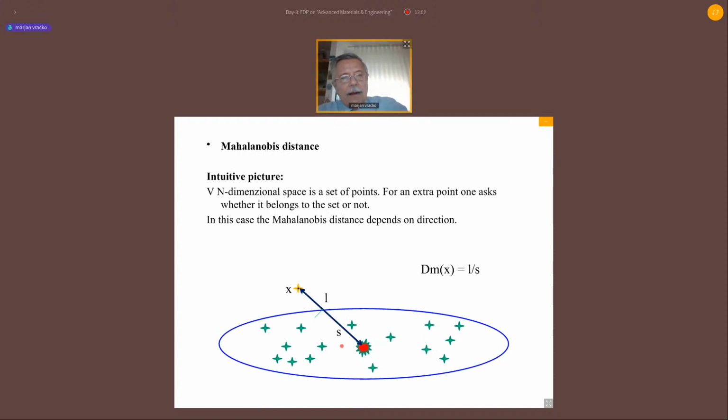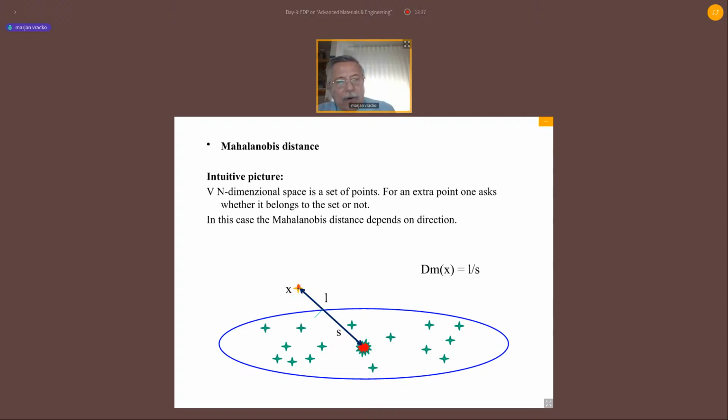Let me go now to the more complicated case. This is the Mahalanobis distance. Here is what actually Mahalanobis distance is. Here is an intuitive picture. Let me show this example. I have in 2-dimensional space data points like this. And then I add an extra point to this data set and ask, does this point belong to this set or not?